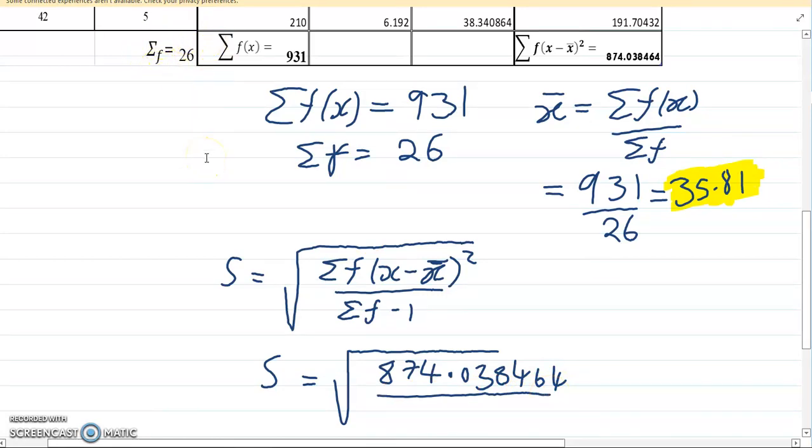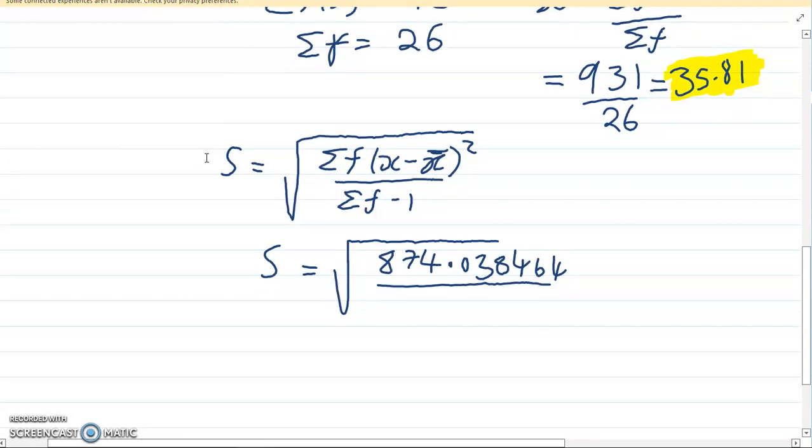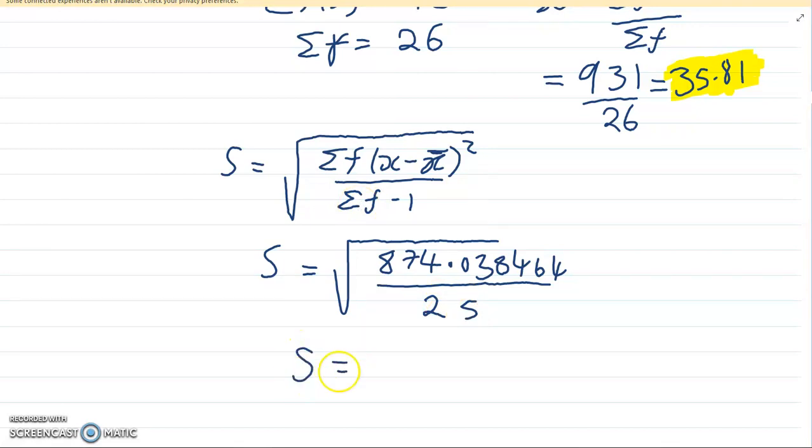So that is 26 minus 1. 26 minus 1, which is 25, right? According to our formula when we're dealing with a sample. So that is 25.